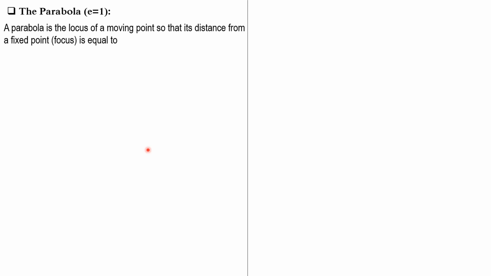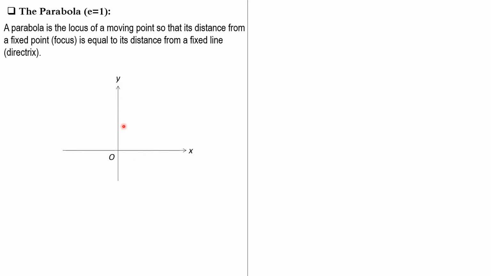That is, the distance of the moving point with coordinates x, y to the fixed point, the focus, is equal to the distance of the same point x, y to the directrix. So this is the parabola, the locus of a moving point such that its distance from a fixed point, which is the focus, is equal to its distance from a fixed line, which is called the directrix.